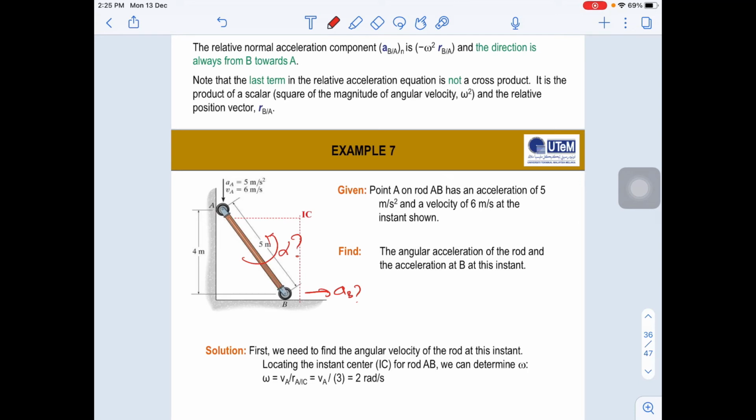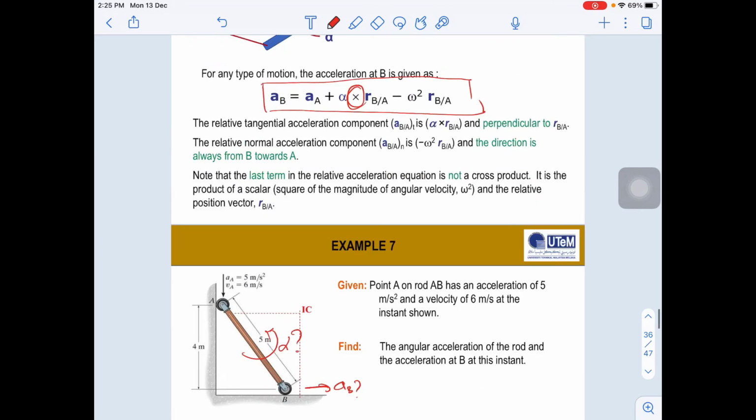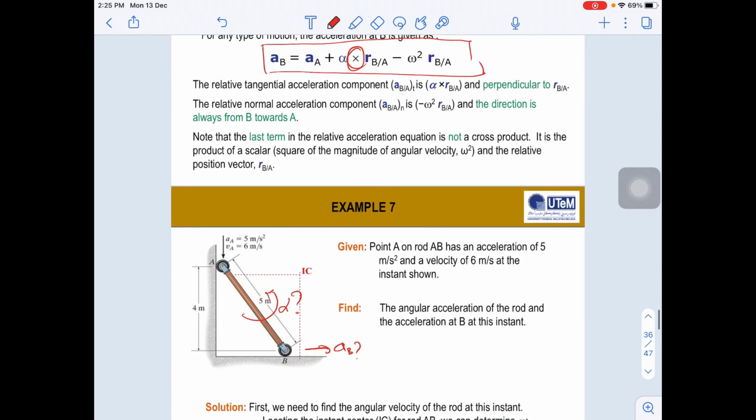So you need to find what is AB. Okay, what is AB? So use this equation, the longer equation. AB is equals to AA plus alpha times RB slash A minus omega squared RB slash A.